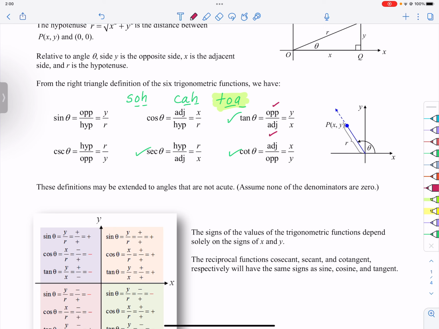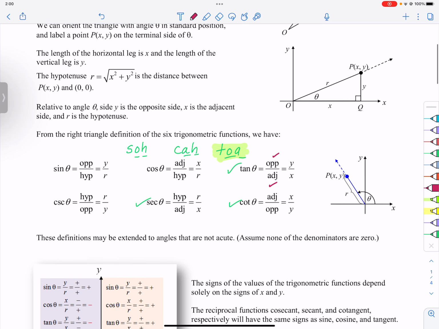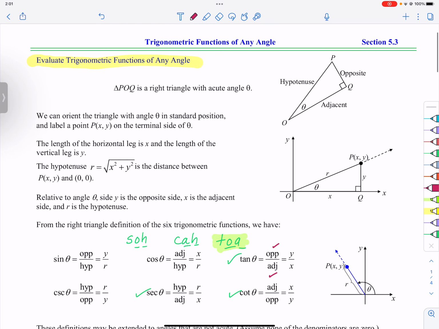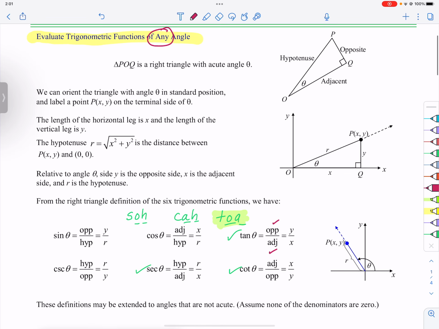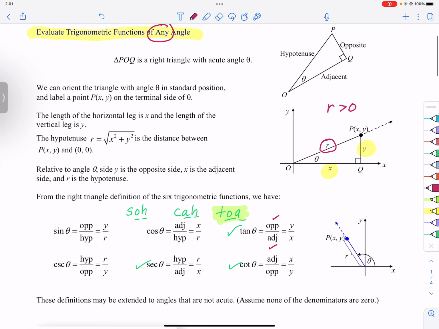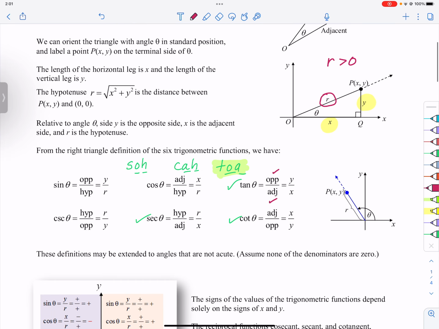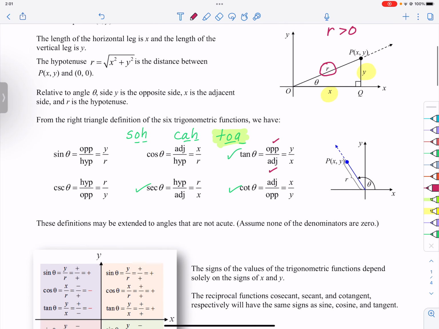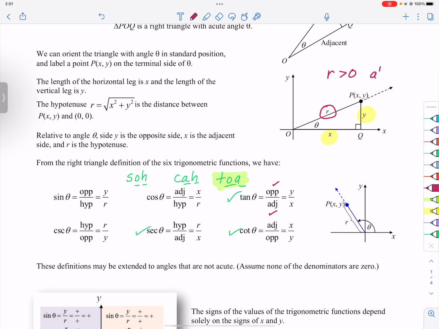Now we're simply putting y and x on the graph so we can work with any angle. Okay, so you can see here where we have x and y, and then this radius is always positive. So I want to make sure x and y could possibly be negative in some of our examples, but the radius is always positive.